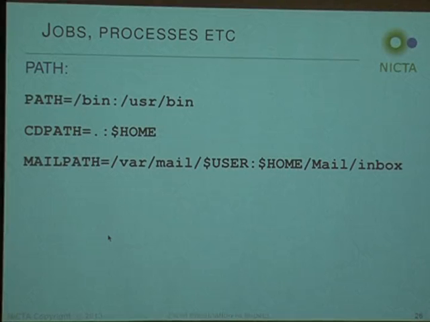MAILPATH was designed for those days before you had multi-windowing systems. And the idea there was that every file in here would be checked every time the shell put out a prompt. And if it had changed since last time, it would print out the string, you have mail. That's very nice, because now you've got something in your shell that while you're typing along, will tell you if files have changed their name, changed their time.